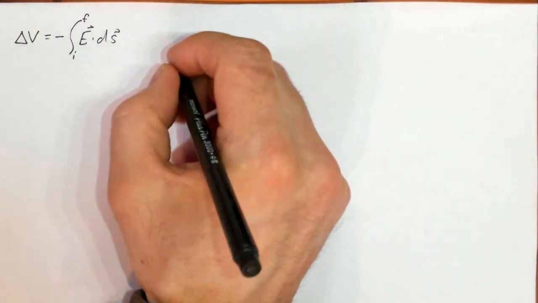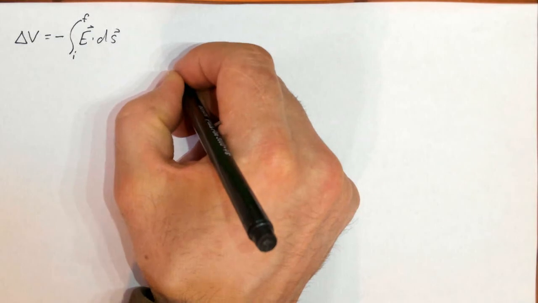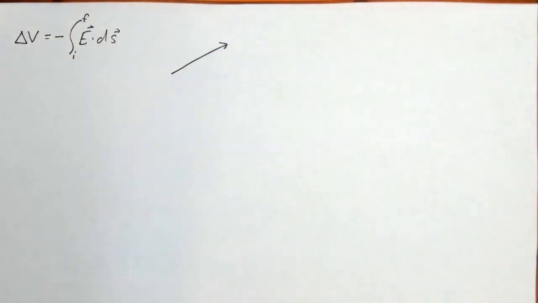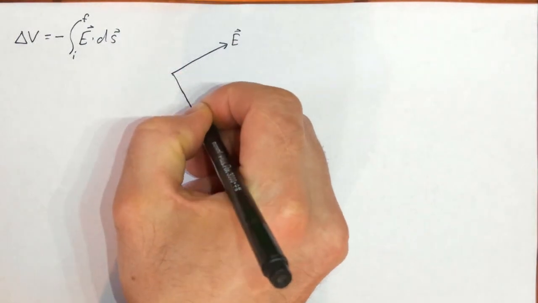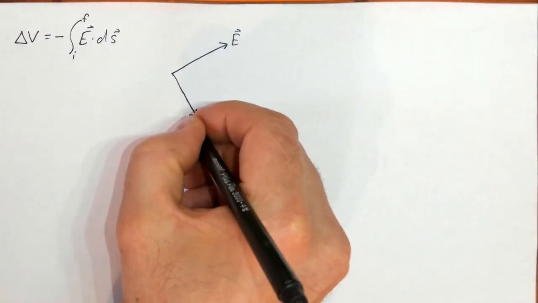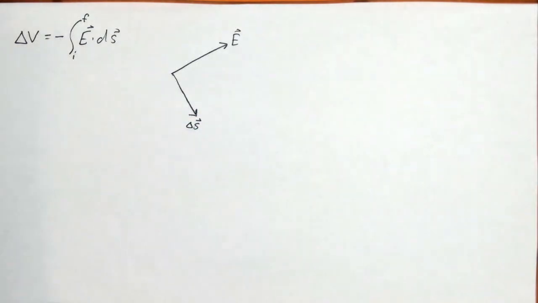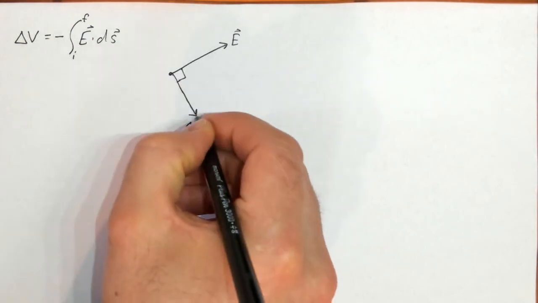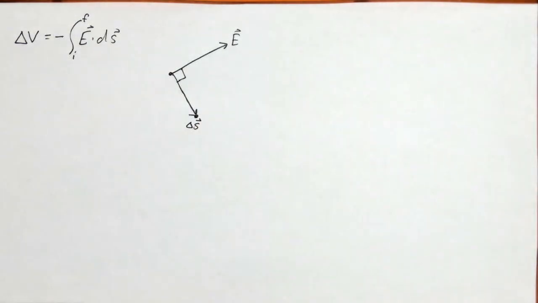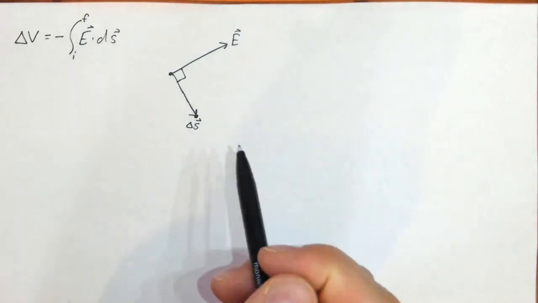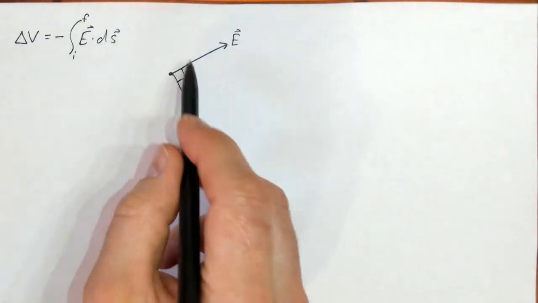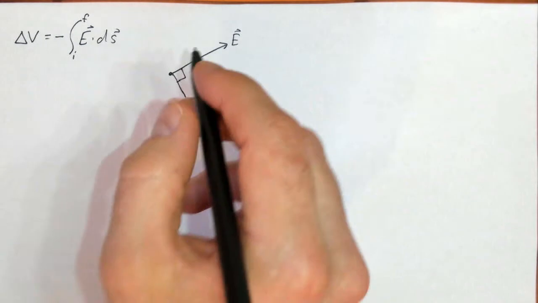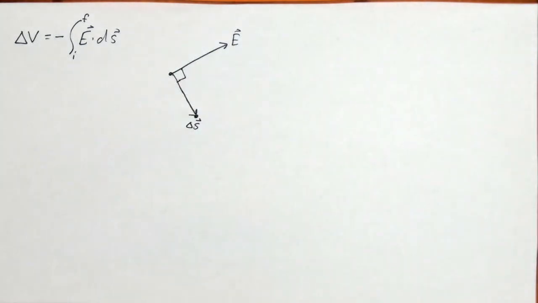So if I've got an electric field that points this way, and I go this way in space, this would be my delta S. If those are perpendicular, then the potential difference between here and here is zero, because this integral would give me zero. So this tells me that electric fields always point perpendicular to lines of constant potential.